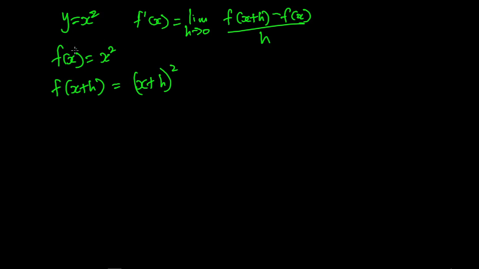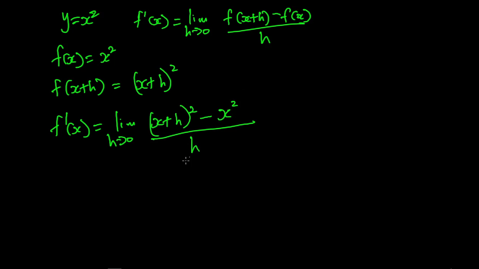Now we are going to substitute these two expressions into the formula. So we have f prime of x equal to the limit as h approaches 0. Then our f of x plus h is the same as x plus h squared. So we have x plus h squared minus our f of x, which is x squared, then all over h.